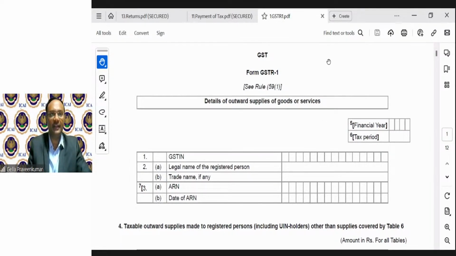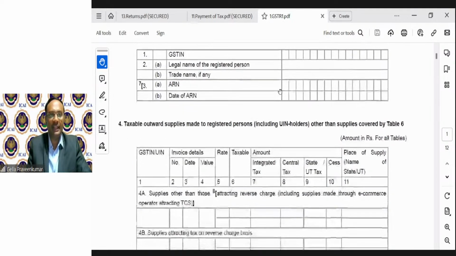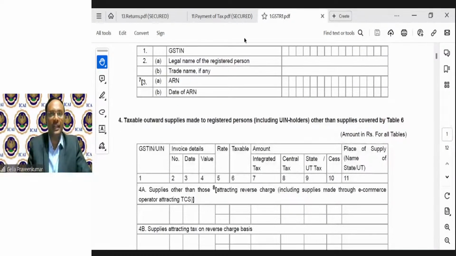Form GSTR-1. Details of GST number and legal name are auto-populated. When I file my GST return, my acknowledgement number, the ARN, and the date when I file my GSTR-1 will be shown in table number 3.